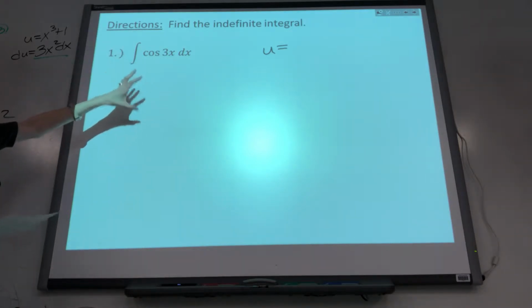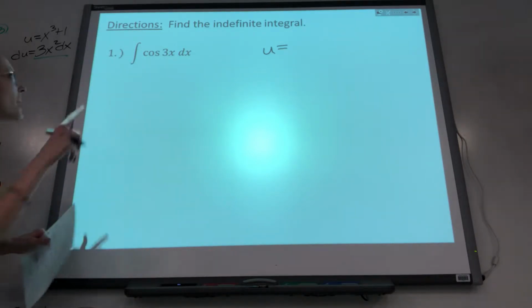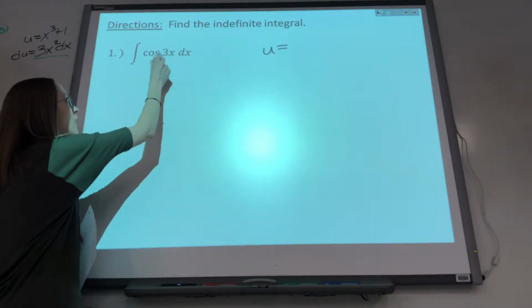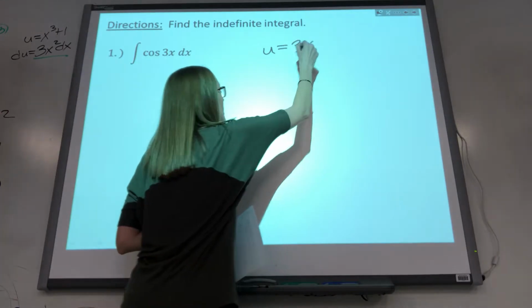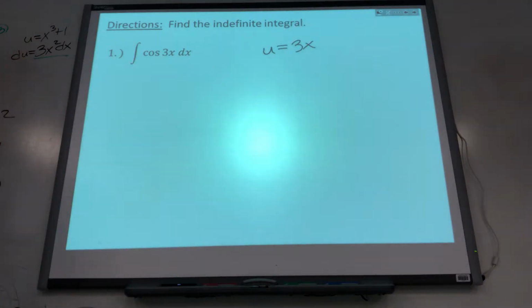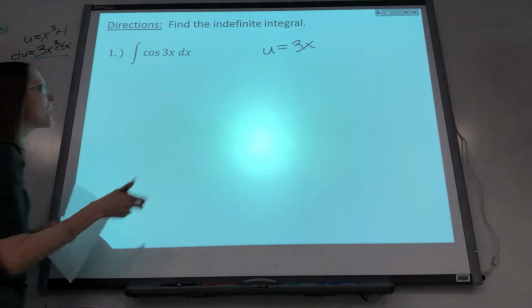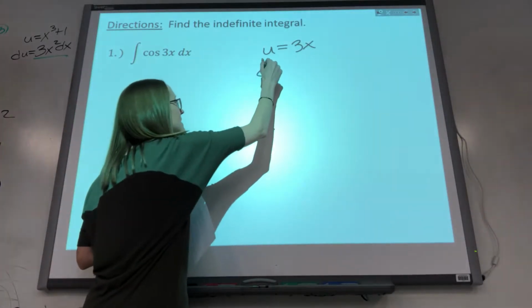On something like this, usually u is the part right after the trig function, the part with x. I can't say that will always be true, but most of the time that is the case.